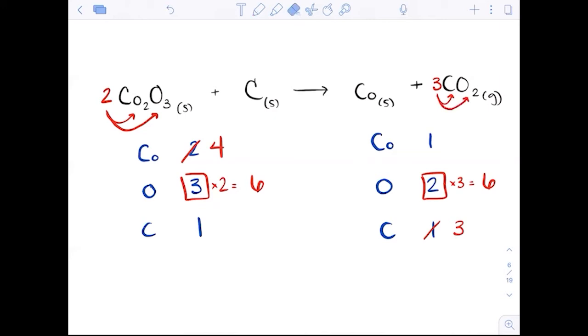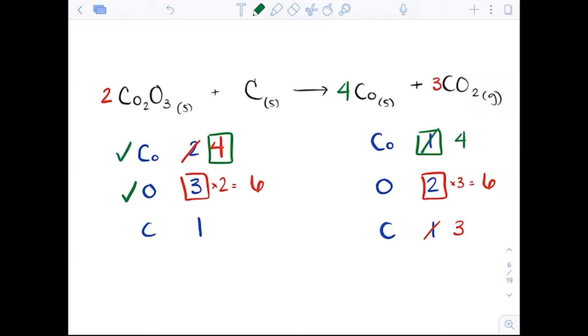Excellent. I'm just going to erase my arrows so that I can clean this up a little bit so we can see our progress. Again, not necessary, but just keeping things nice and neat. So now oxygen is done. Now I can focus on my other 2 species, which should be relatively easy because when I put a coefficient in front of the product of cobalt, I don't change anything but cobalt.